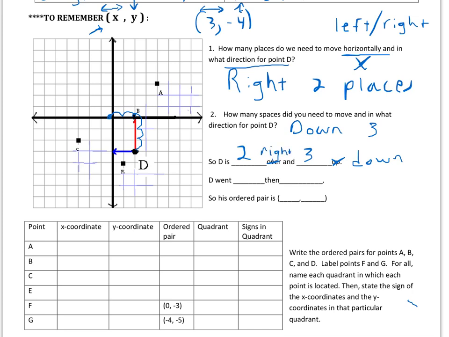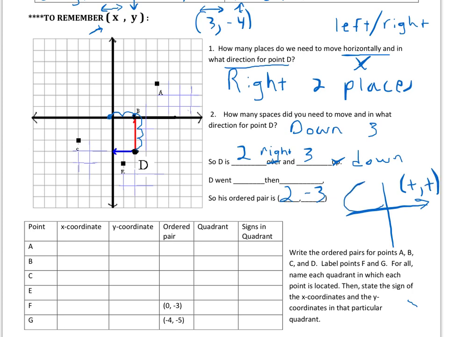So the ordered pair for this is going to be a positive 2, because going to the right means positive, and then -3, because going down means negative. You guys learned that in the previous lesson, right? On the coordinate plane, if we move right on the x-axis, we know it's positive, and in this quadrant you'd have to move up, so that's positive.